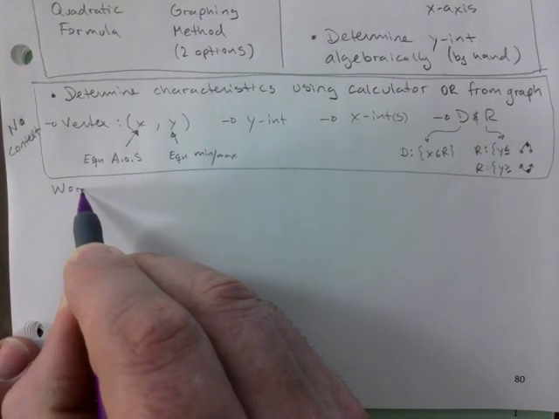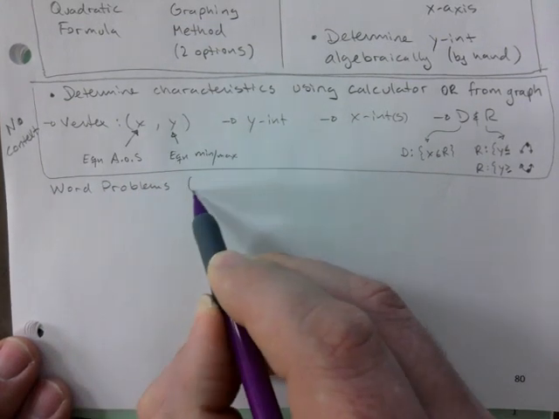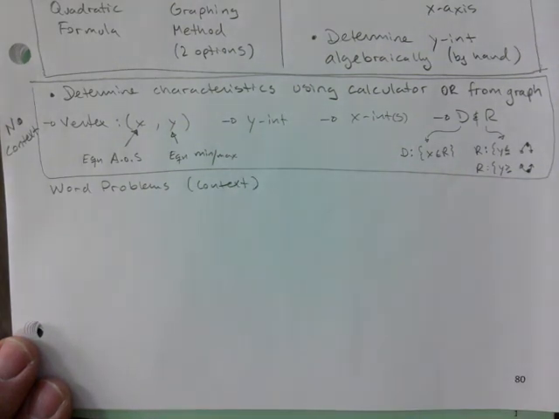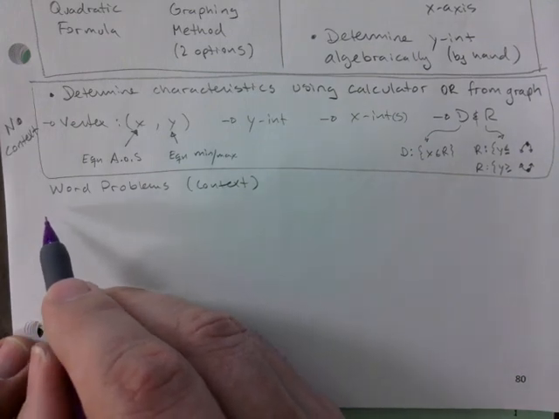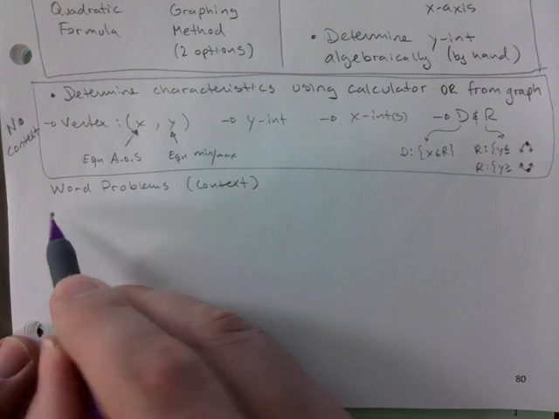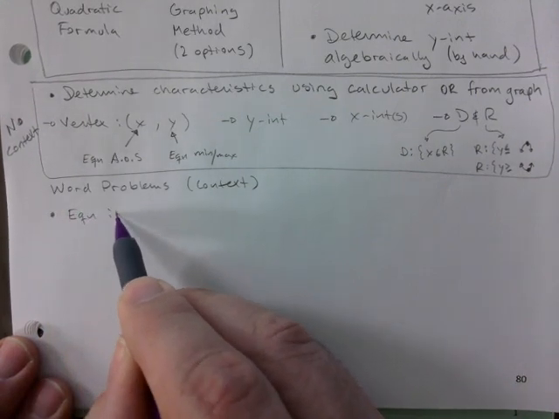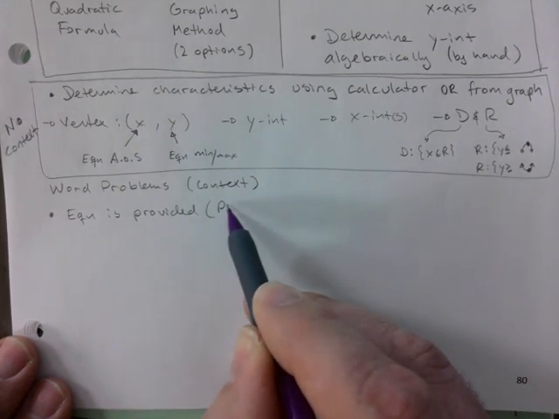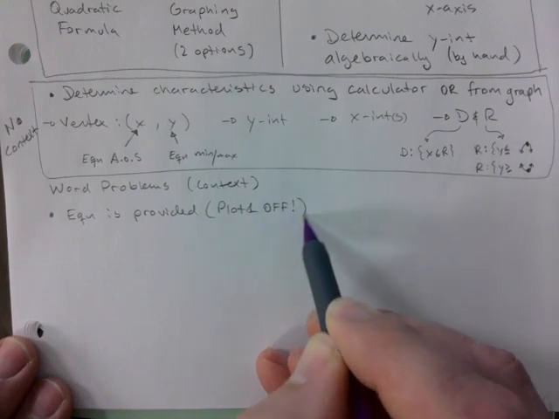And then this is now word problems. Context. Equation is provided. Plot 1 is off. Make sure that is the case, right?